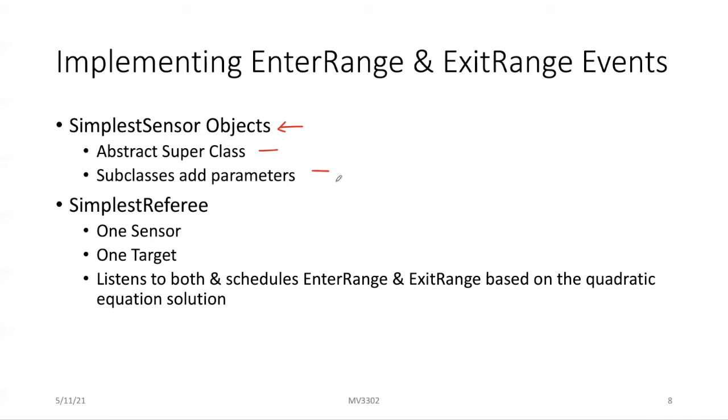So the role of the sensor objects is severalfold. One is to maintain a list of the contacts, that is the targets that it's detected, to schedule the detection and undetection events, and then finally to have parameters that will be used ultimately by the mediators.